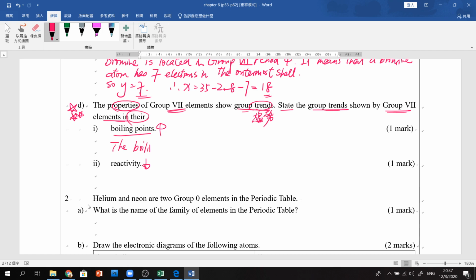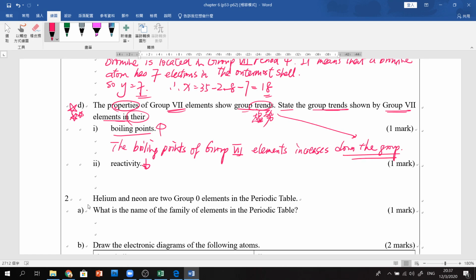The way to write it down is: the boiling points of group 7 elements increase down the group. So we're going to include the group trend. Down the group means from top to bottom, I will observe it as increasing. Okay? So this is what I would like to talk to you about.